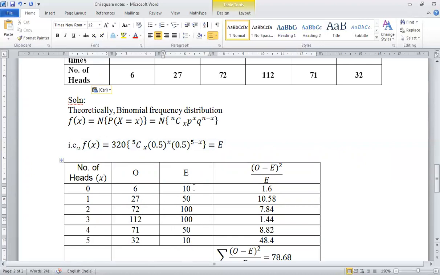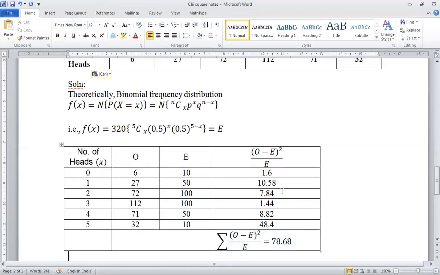Once we get the theoretical frequencies, we substitute observed and theoretical frequencies in the formula (O minus E) the whole square divided by E. For different sets of values of O and E, we get (O minus E) the whole square by E as 1.6, 10.58, 7.84, 1.44, 8.82, and 48.4. Summing all the values, we get summation of (O minus E) the whole square divided by E as 78.86.